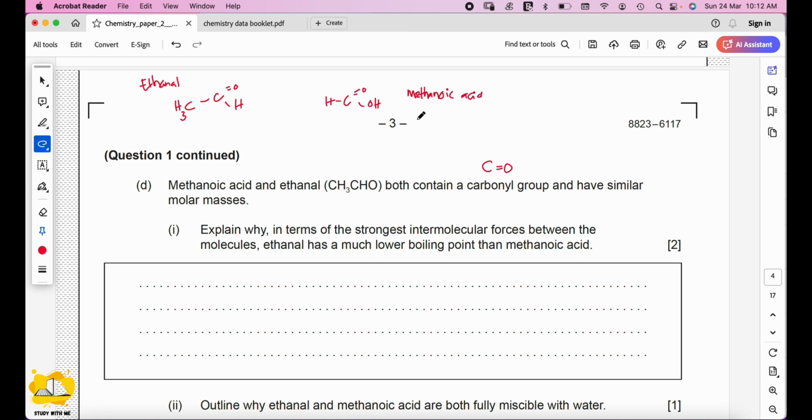The difference between these two is that methanoic acid has hydrogen bond.